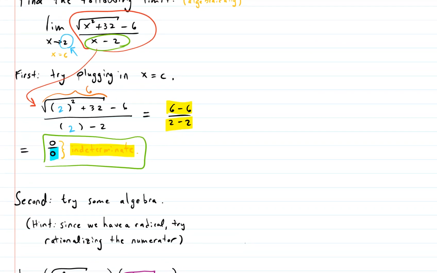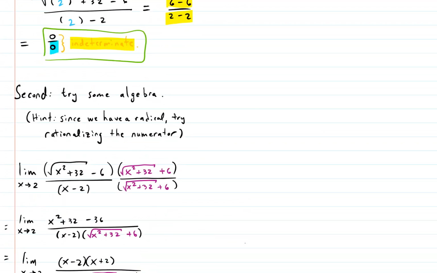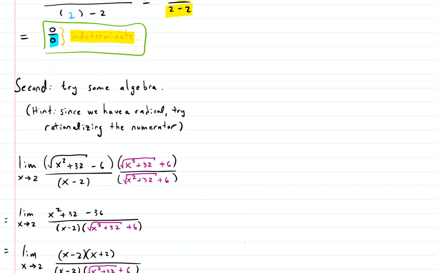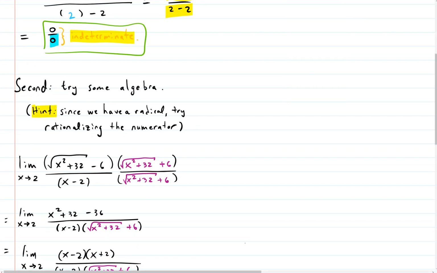So if we can do some algebra to get rid of the x minus 2, then maybe we can make some progress. So let's try. A little hint: because we have a radical, let's try to rationalize the numerator.